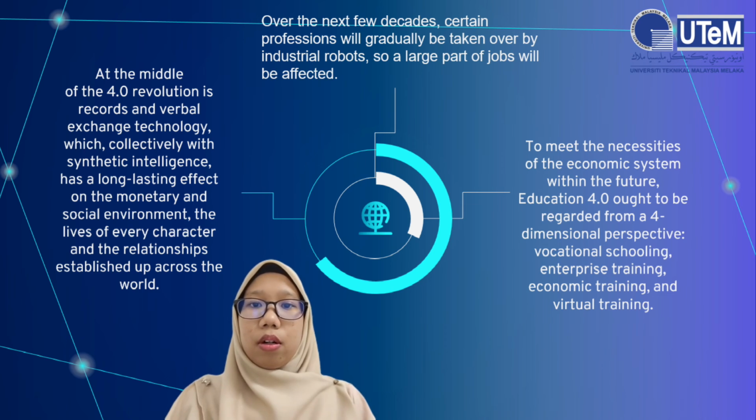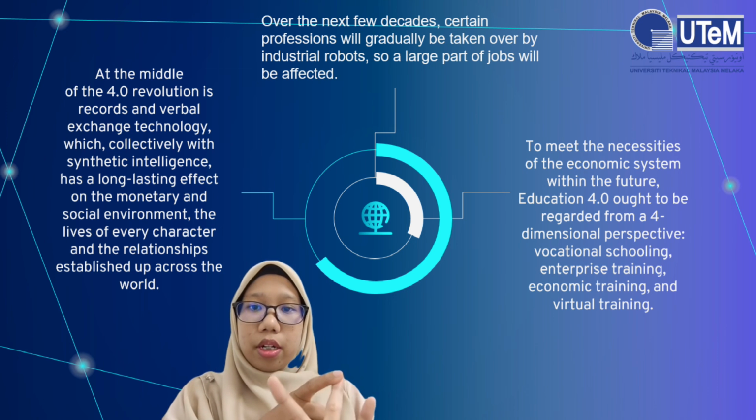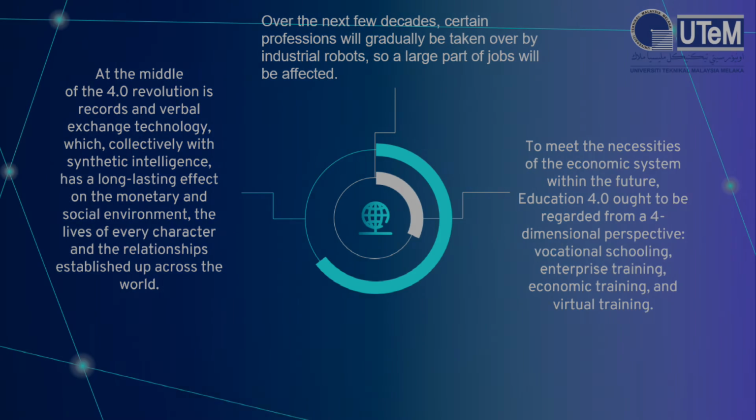So a large part of jobs will be affected. So to meet the necessities of the economy in the future, Education 4.0 should be looked at from a 4-dimension perspective. First, vocational education, enterprise training, economic training, and also virtual training.